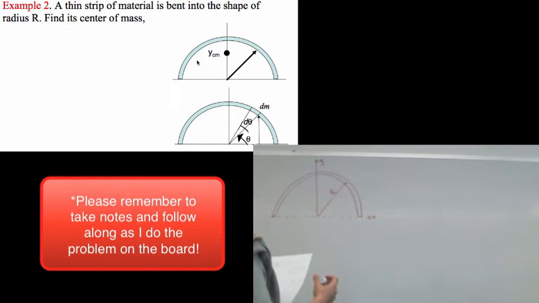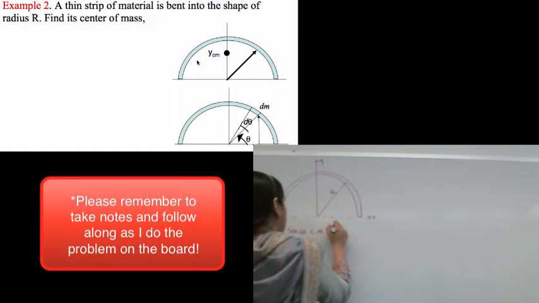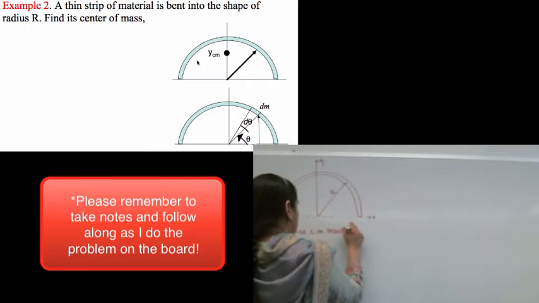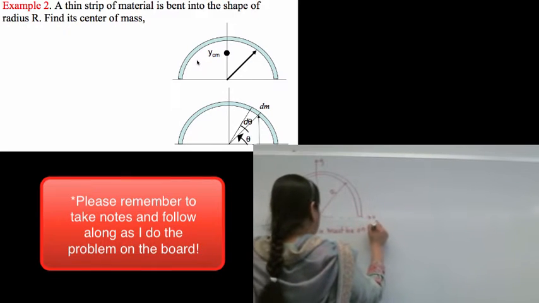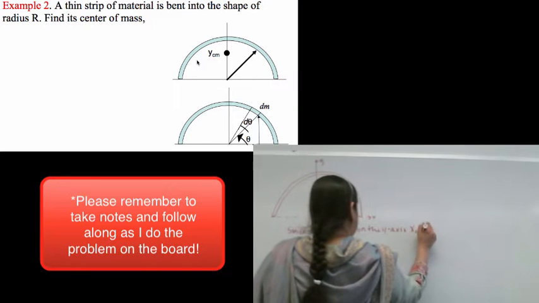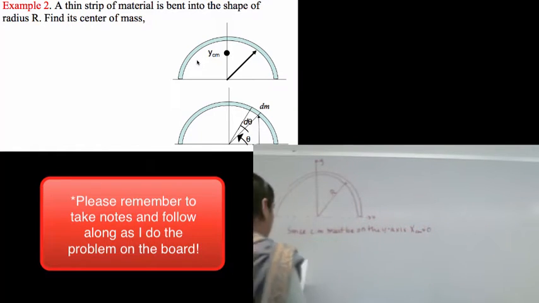Since the center of mass, because of symmetry, must be on the y-axis, that means x center of mass has to equal 0. Well, that's one problem solved, right?